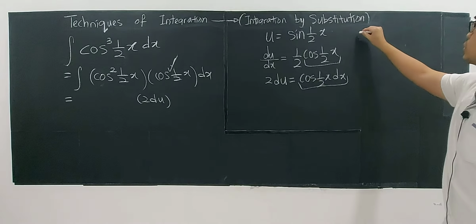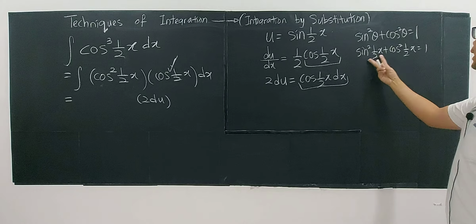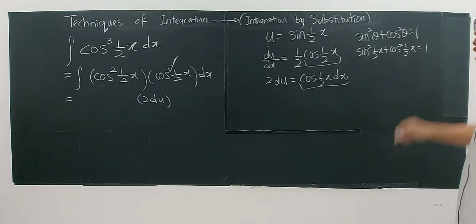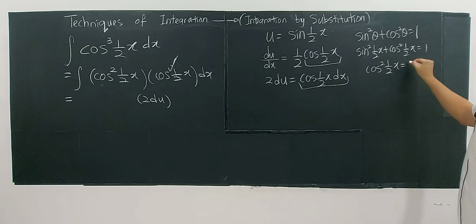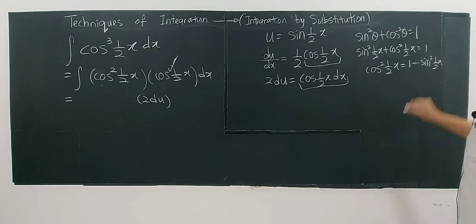So I write sine square half x plus cos square half x, and as long as these two angles are identical, it equals 1. So cos square half x can be replaced by 1 minus sine square half x.